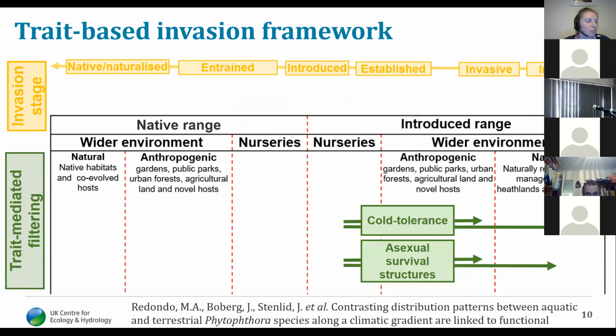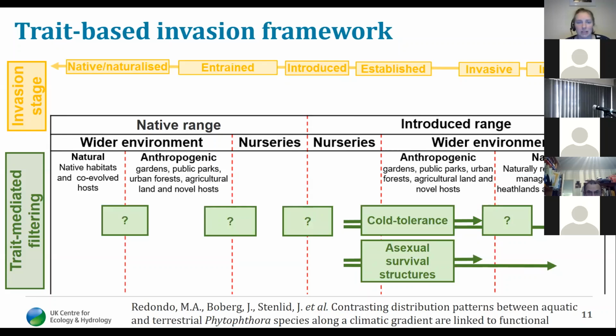And the species establishing in the wider environment tended to have lower minimum temperatures for growth and the ability to form asexual survival structures. And the same authors also showed that trait differences between terrestrial and aquatic Phytophthora species meant that they responded differently to temperature and precipitation gradients in Sweden.